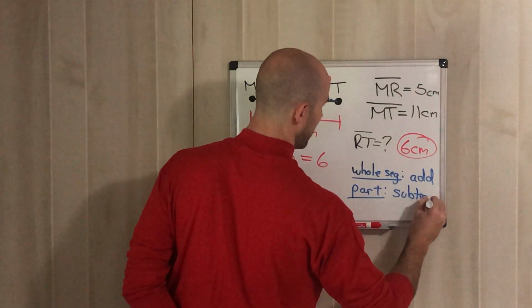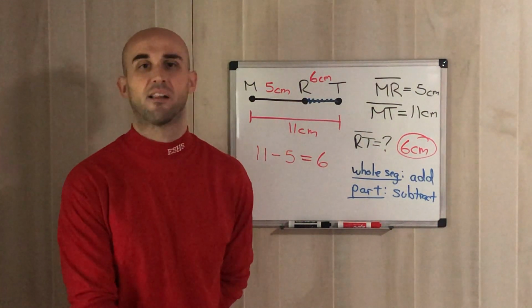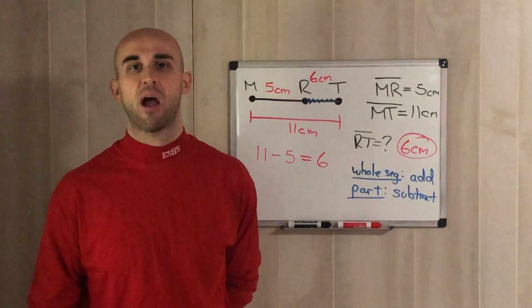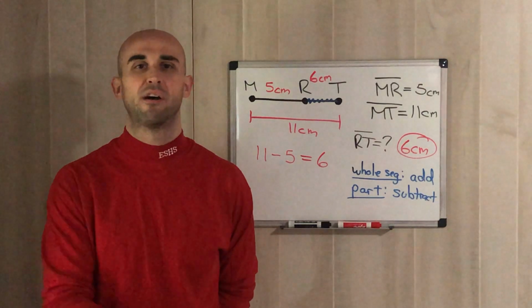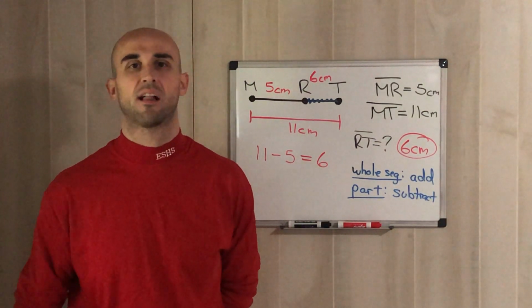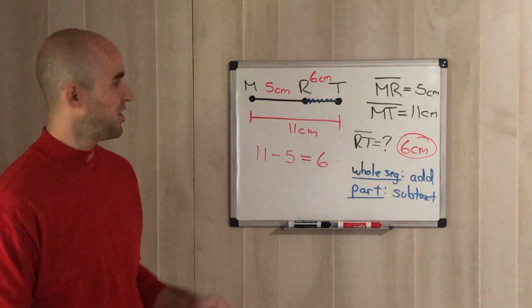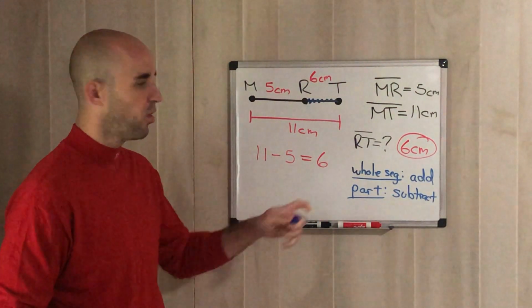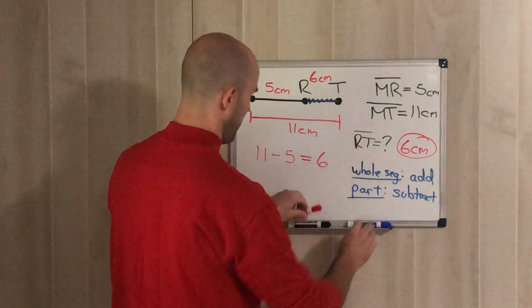It's like saying if you have $50 in one pocket and $20 in the other pocket, how would you figure out how much you have in the other pocket? You would subtract. It's also like saying if you have $5 in one pocket, $10 in another pocket, all together you have 15, you would add. So whenever you want to find the whole thing, you add. Whenever you want to find a part, you subtract. So that's finding out segment lengths.